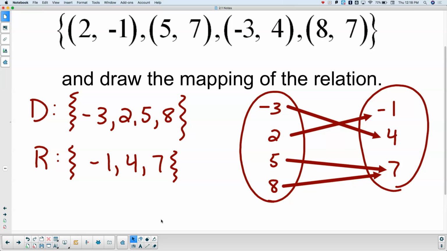And that's a mapping. Just another way to visually represent a relation. Questions on any of that?